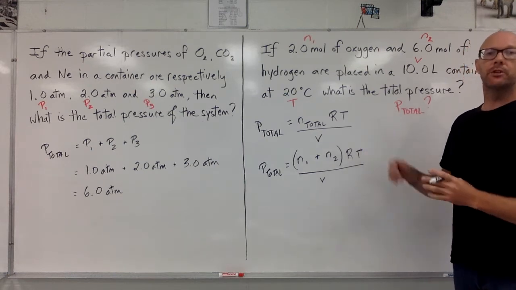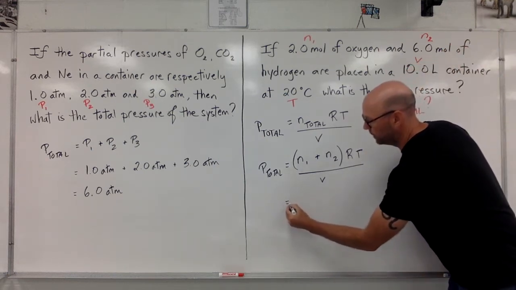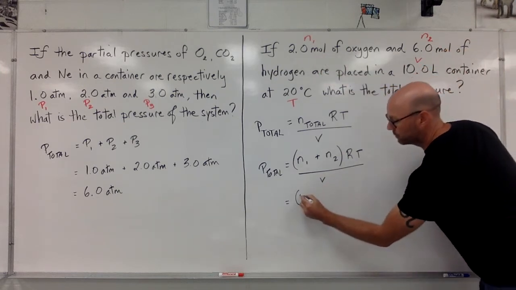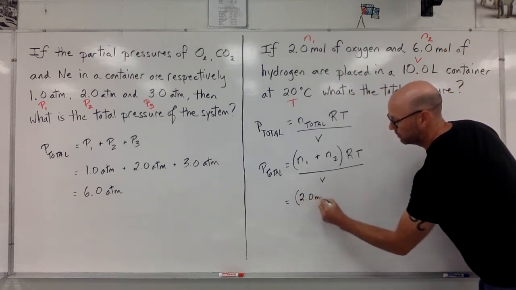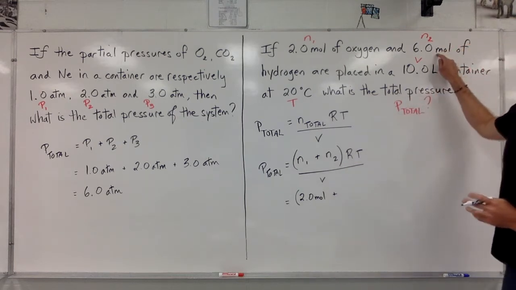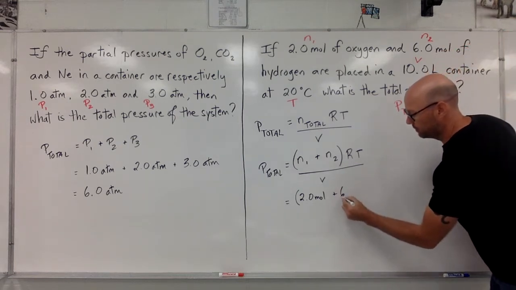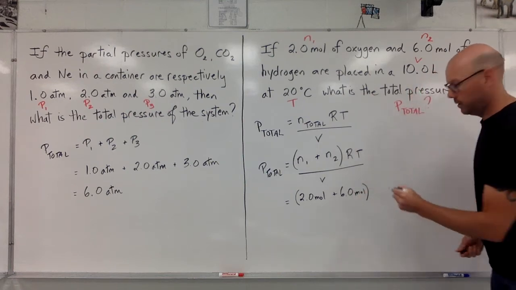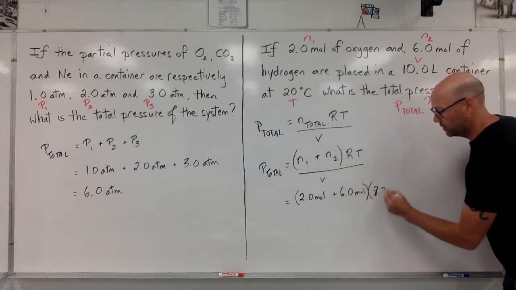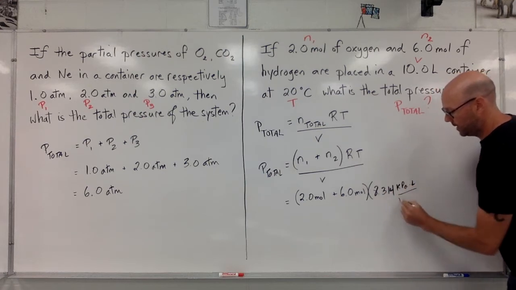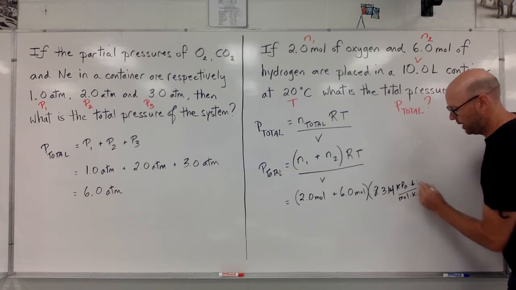Now I'm at the version of the formula that I'm going to use. I can start to substitute my values in. N1 is 2.0 moles plus N2, 6.0 moles, times R, that's the ideal gas constant, 8.314 kilopascal liters per mole Kelvin.